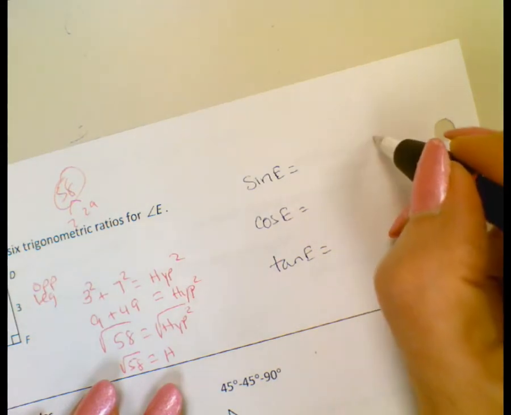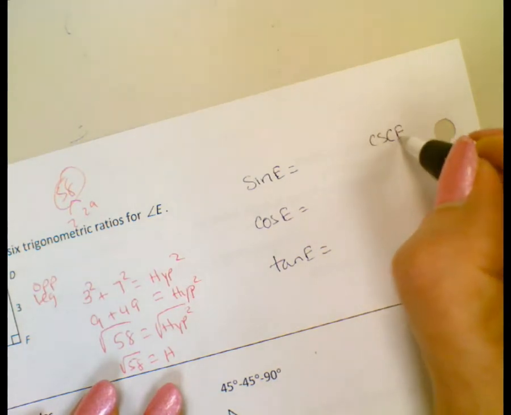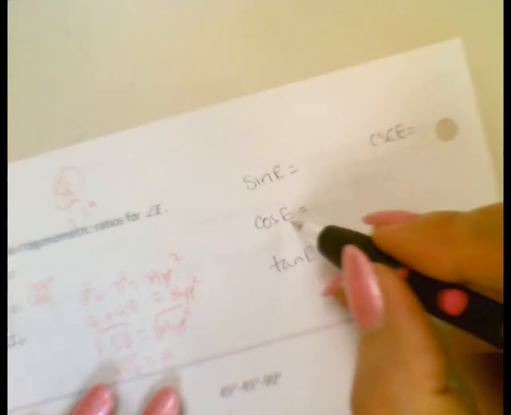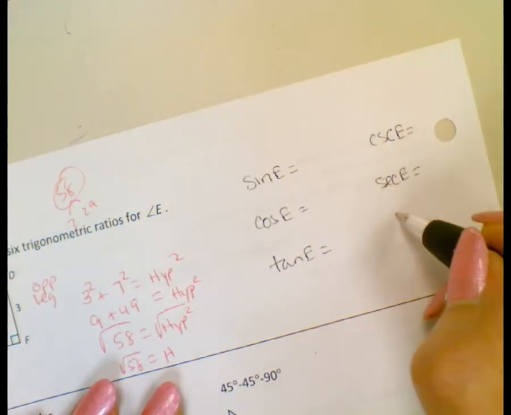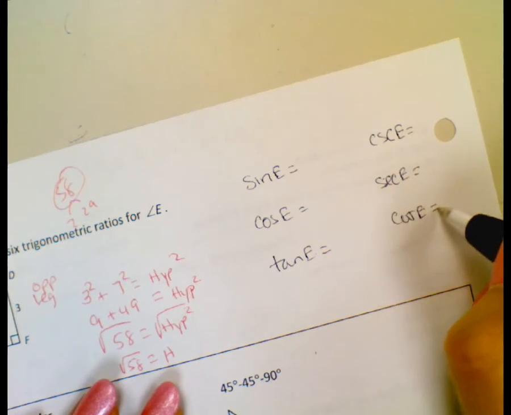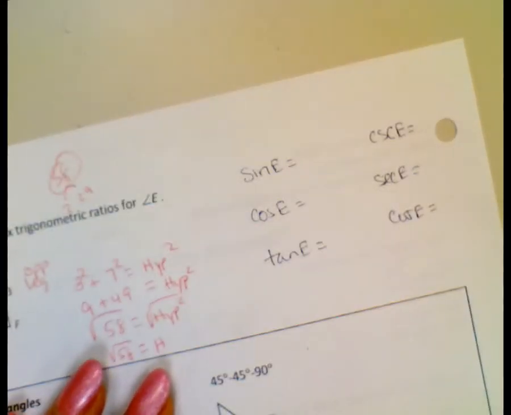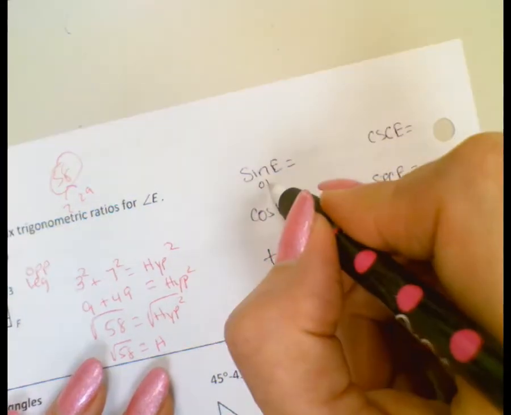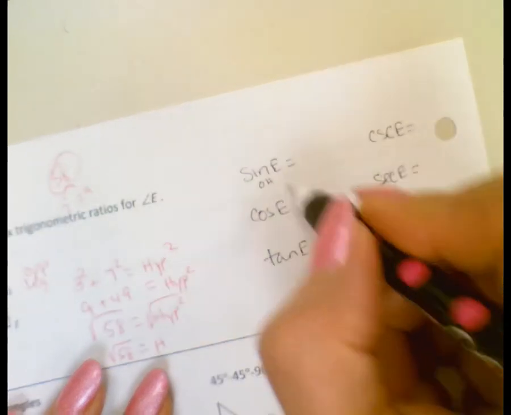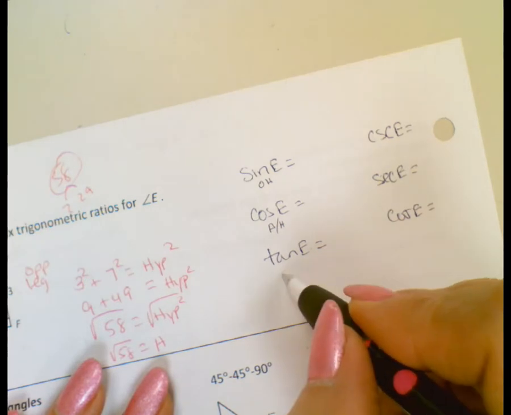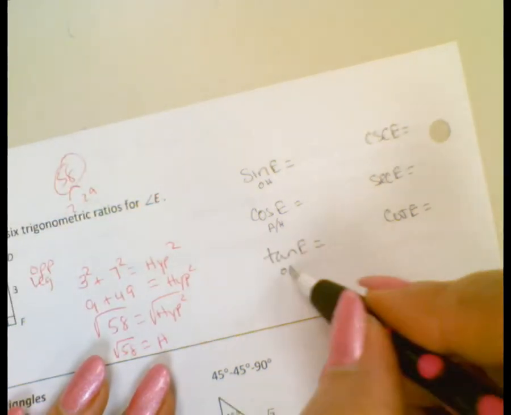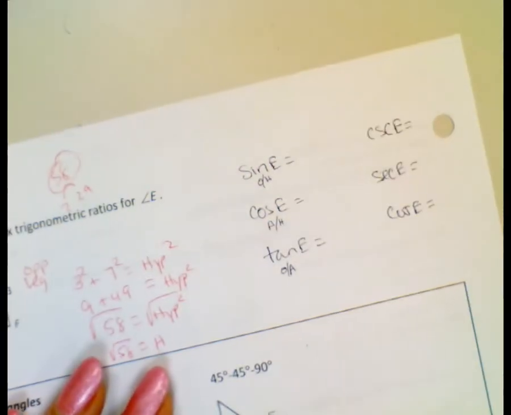And then right next is, I'll write cosecant E equals. The reciprocal of cosine is secant. And the reciprocal of tangent is cotangent. So I'll have all this set up for you ready to go. Like that. Sometimes it might be helpful if you write OH next to sine and AH next to cosine and OA for SOHCAHTOA. That sometimes is pretty helpful.